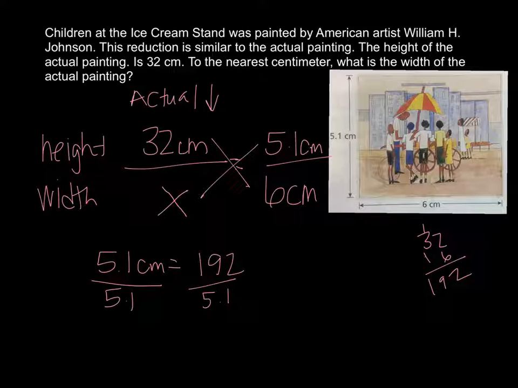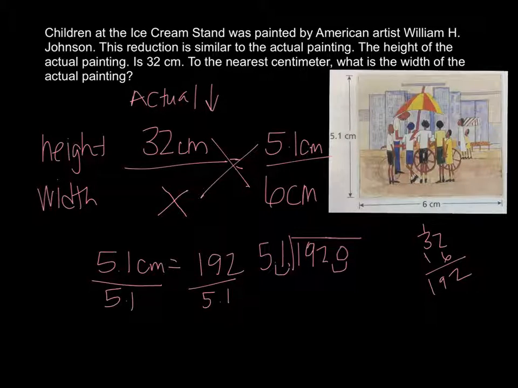Okay, 192 divided by 5 1/10. Now remember, when we are dividing decimals, we have to make sure the outside number is a whole number. So really, we're going to be doing 1,920 divided by 51. All right, I'm going to do that, and I would suggest you pause the video right here and do it yourself in your notes.